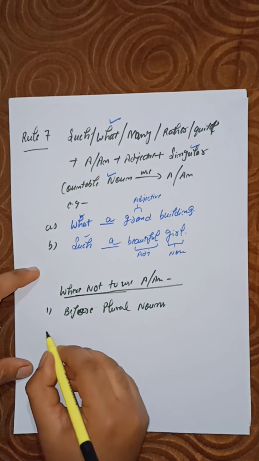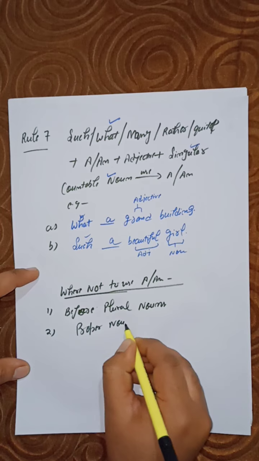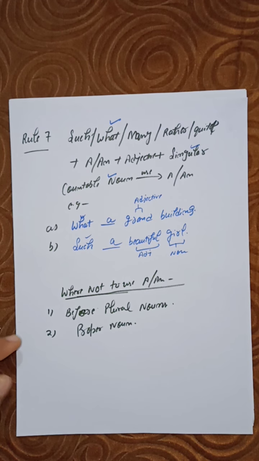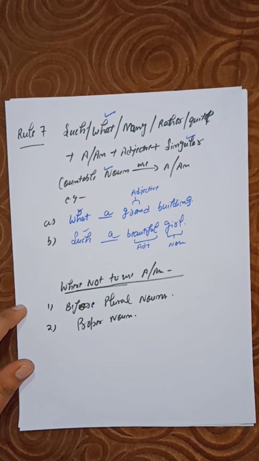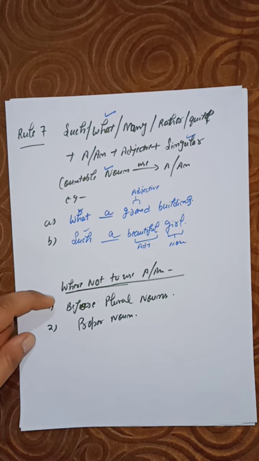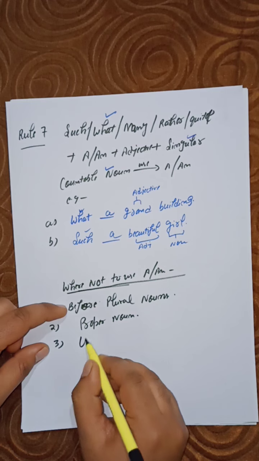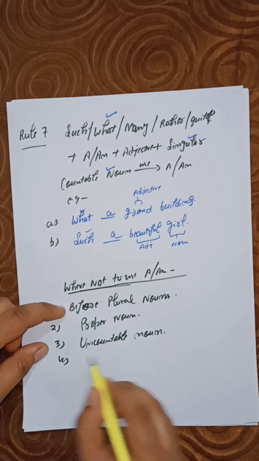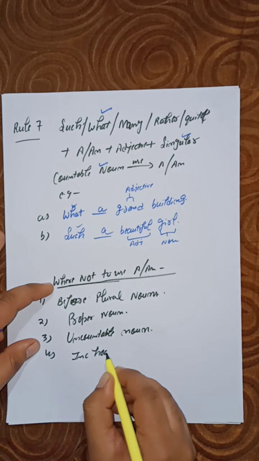Secondly, before a proper noun, but in certain cases, by following some conditions, we can use it, as per rule number six. Thirdly, we cannot use them with uncountable nouns. And the fourth one is inchoate verbs.